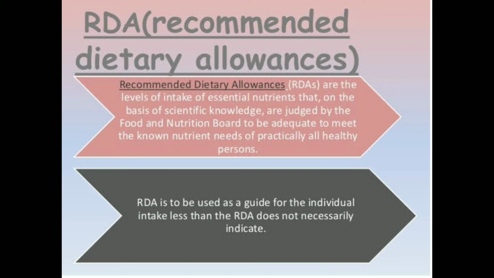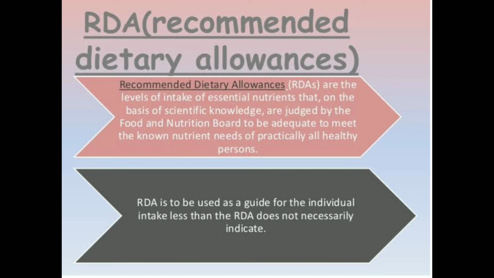If some person is diabetic, his or her recommended dietary allowance will be different from a healthy person. We Indians basically follow the RDAs proposed by the Indian Council of Medical Research.